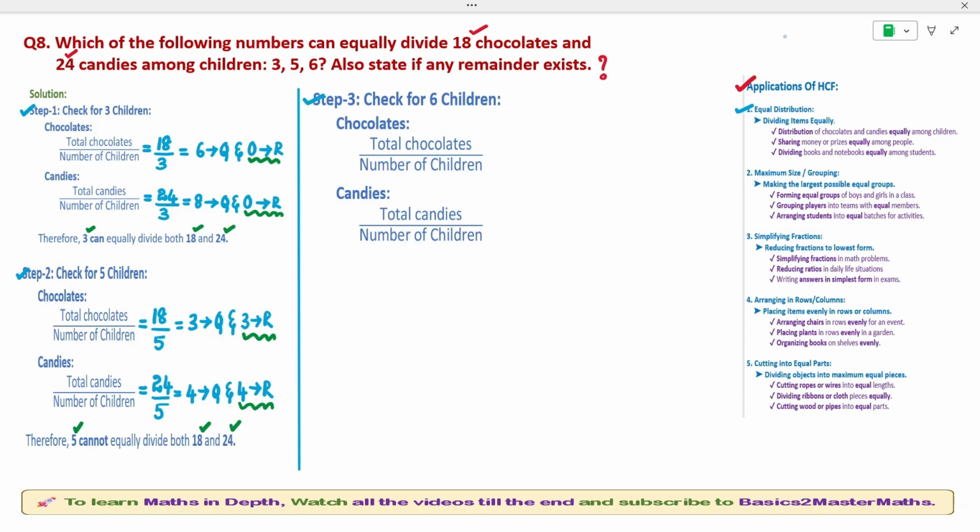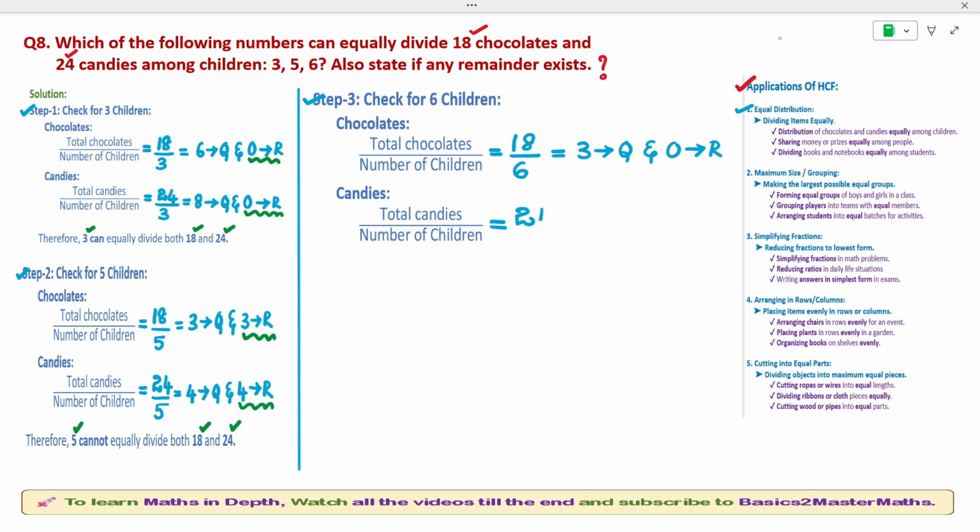Step 3. Check for 6 children. Total chocolates divided by number of children. That is 18 divided by 6 gives you 3 as the quotient and 0 as the remainder. For candies, total candies divided by number of children.